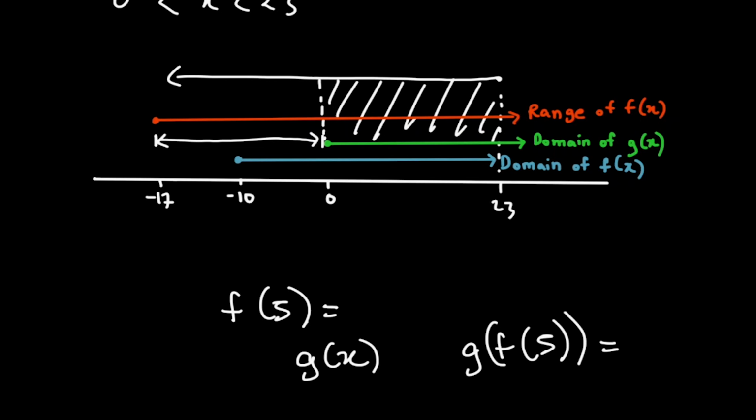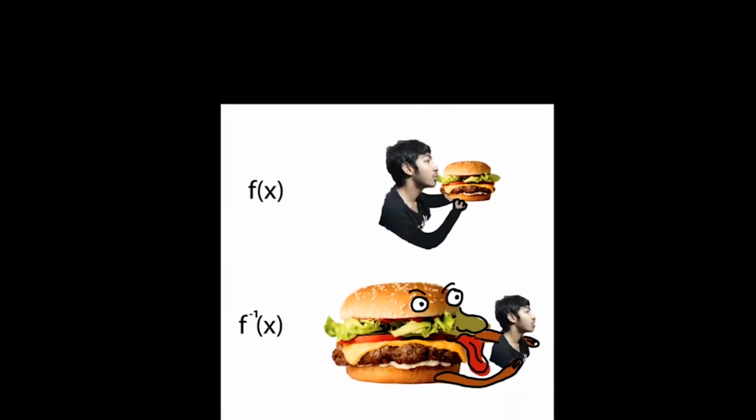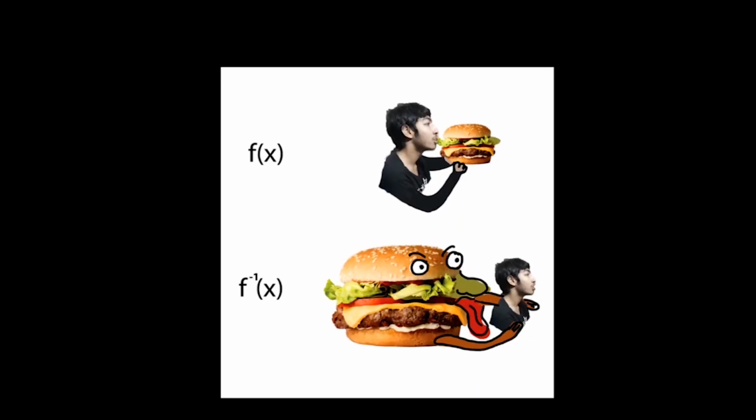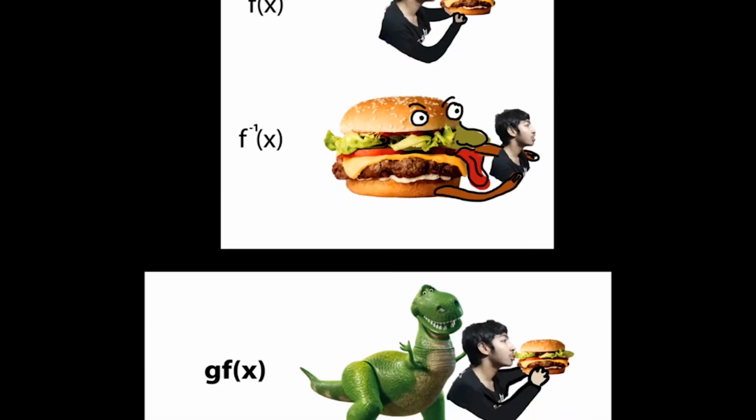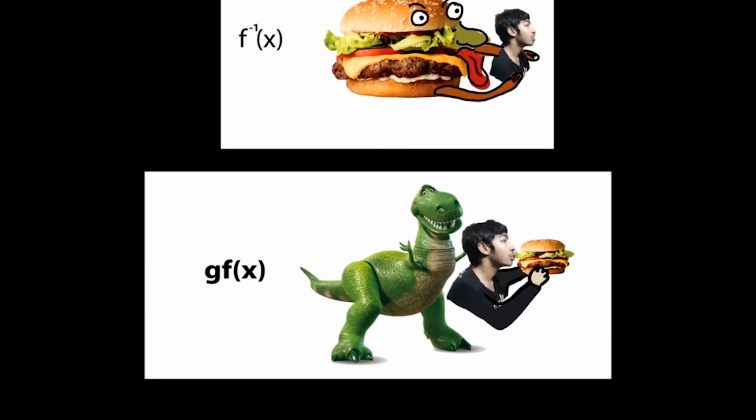Okay, now before I wrap it up, we're going to see a meme, which I created, because who doesn't like memes? Alright, here is my good friend Shomo eating a burger. Below is the g of f of x, where Rex eating Shomo is g of x, and Shomo eating the burger is f of x.